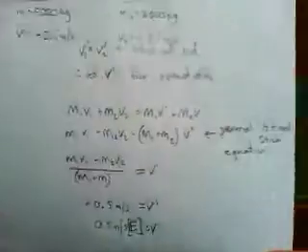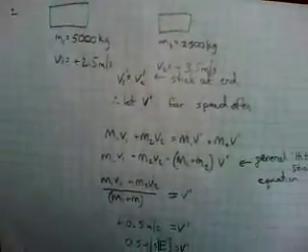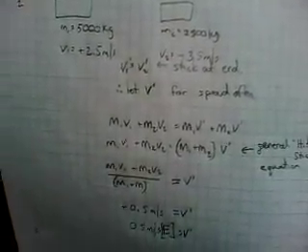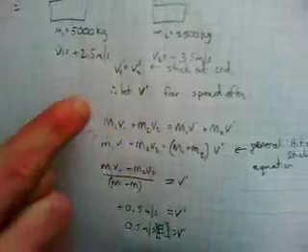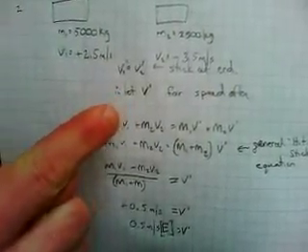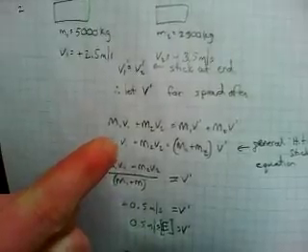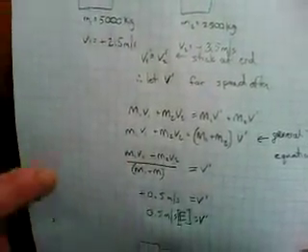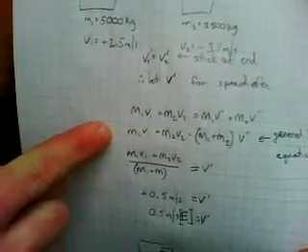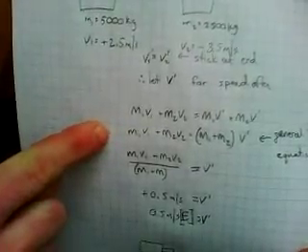In question number 2, we have a classic question that I would call a hit and stick problem, where the two objects move as one after the interaction, and there we can let velocity 1 prime and velocity 2 prime be equal, which makes the problem a little easier. Here you can see my general equation for hit and stick problems, where those two masses are added together at the end.